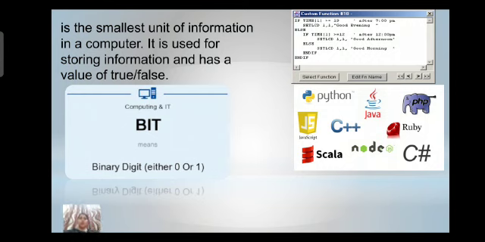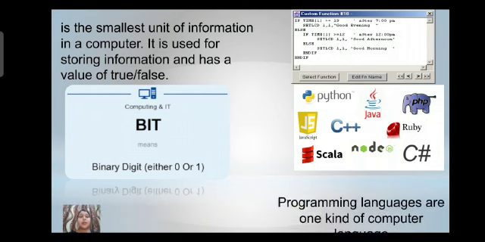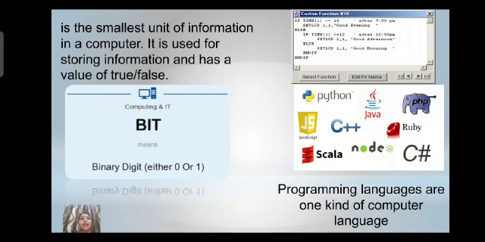You used to play games that are made in these languages. Like the work you are doing, like I am using PowerPoint, you are using Word. All these things are made in languages, so we call them computer languages. These languages have a special set of instructions that we use. So what is this? These are the programming languages.